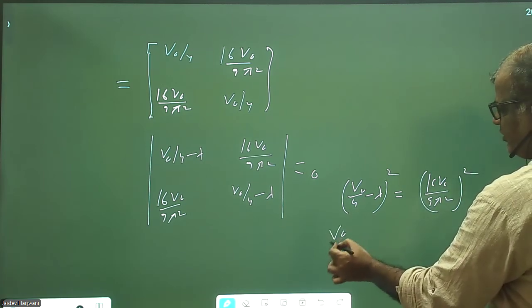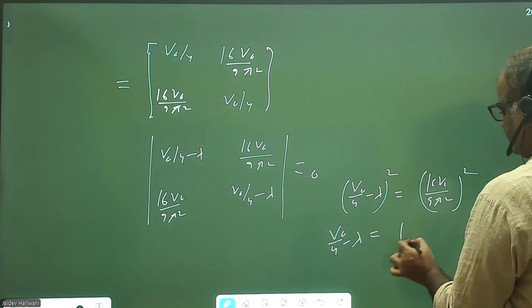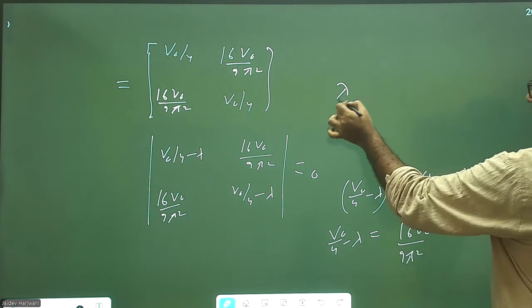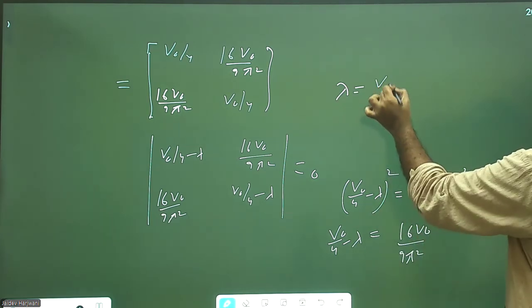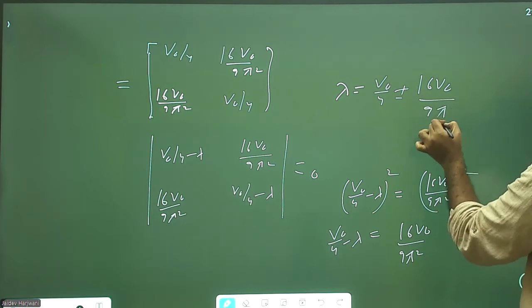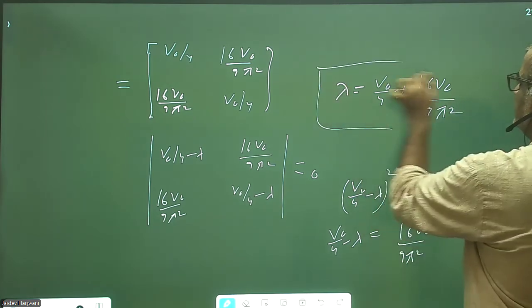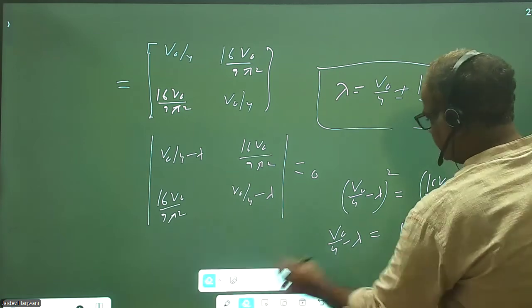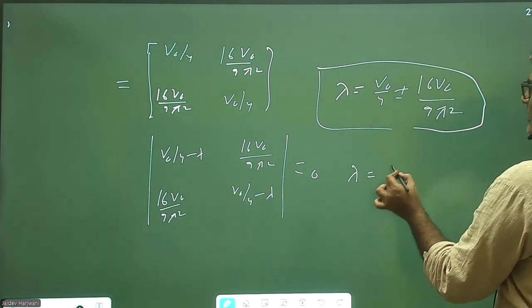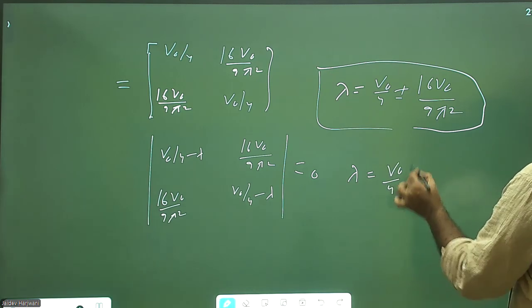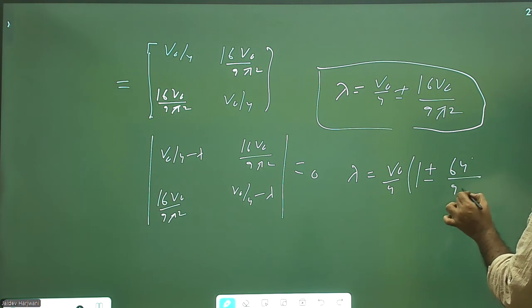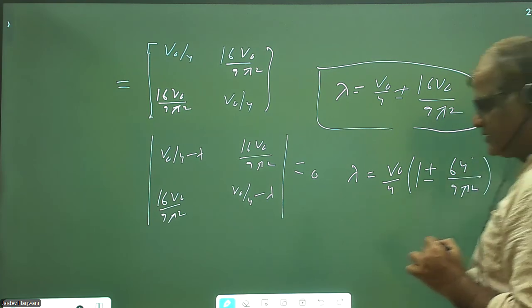So V naught by 4 minus lambda gives plus or minus 16 V naught upon 9 pi square, and lambda will be V naught by 4 plus or minus 16 V naught upon 9 pi square. If you take V naught by 4 common, this will be 1 plus or minus 64 upon 9 pi square.